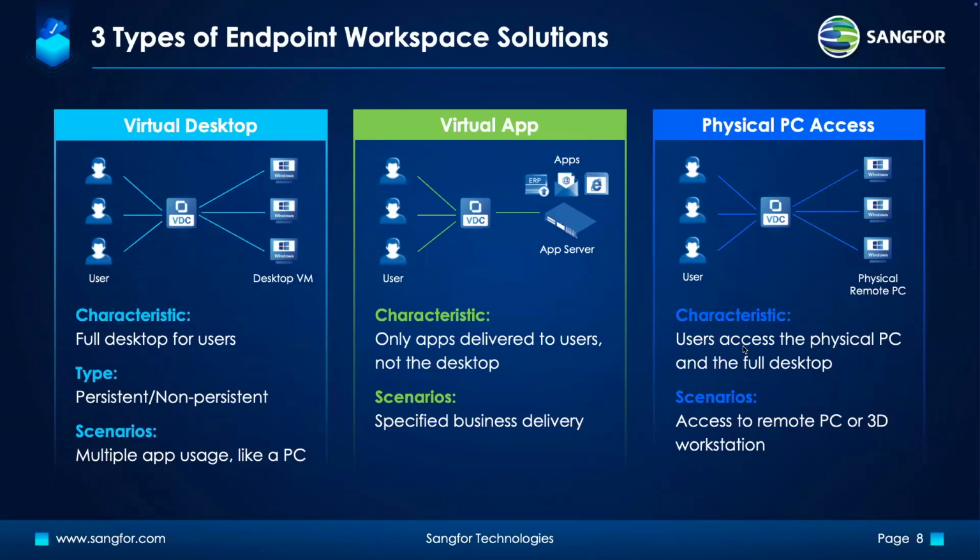So this is basically for remote access of those PCs, which can be in a remote site or maybe a 3D workstation also. You can actually mix and match all of these three flavors for a single user as well. So he can see a virtual desktop access, virtual apps, and a physical PC access as well, right?